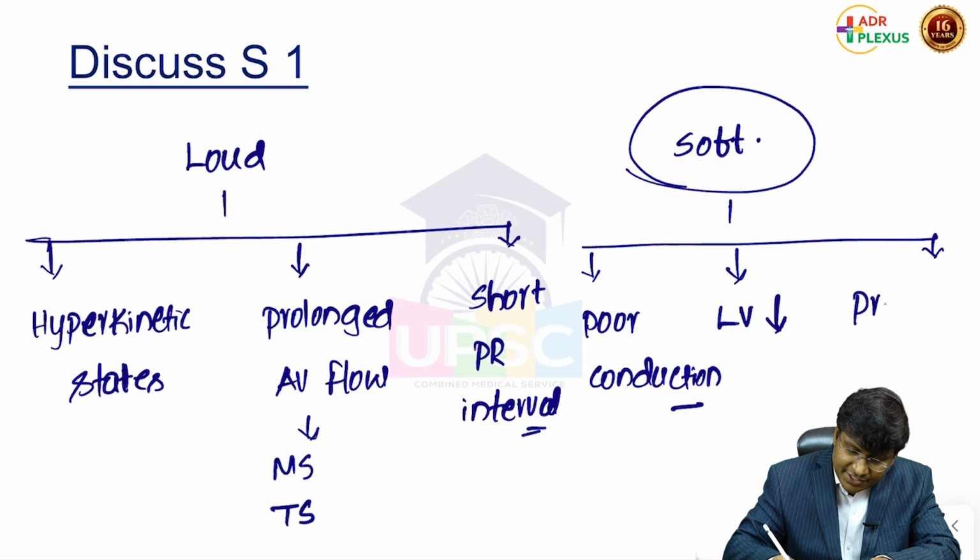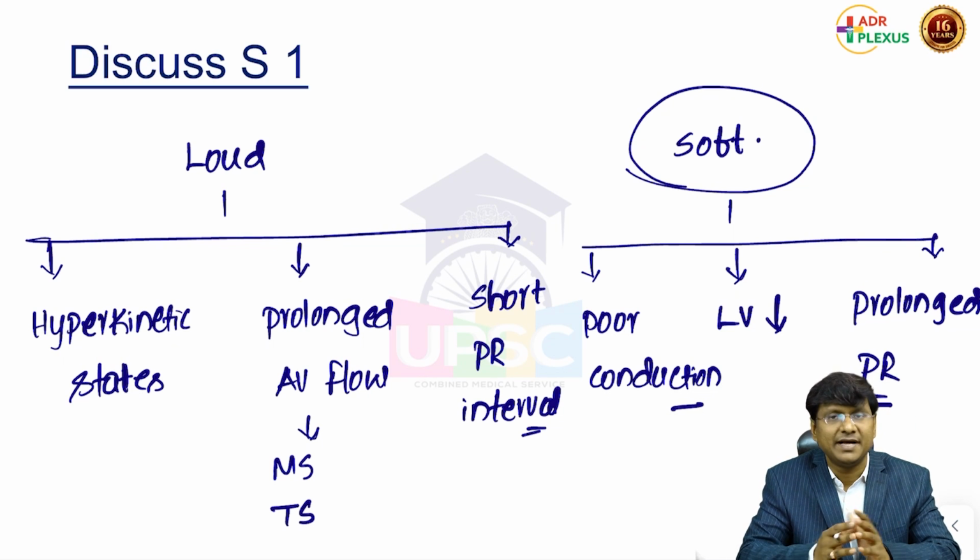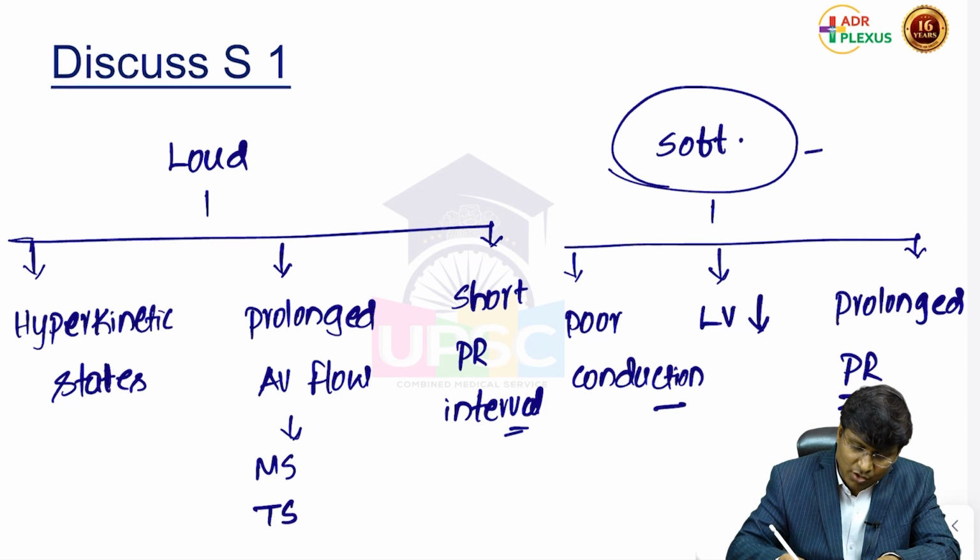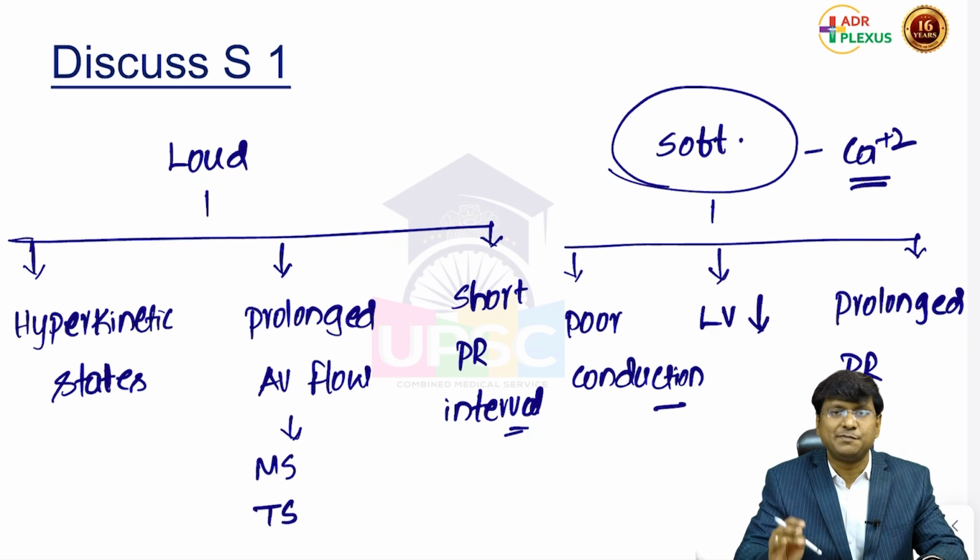Then in conditions like prolonged PR interval, where the PR interval is more than 200 milliseconds, you'll have soft S1. And then in cases of calcified mitral stenosis and tricuspid stenosis, you will have soft S1.